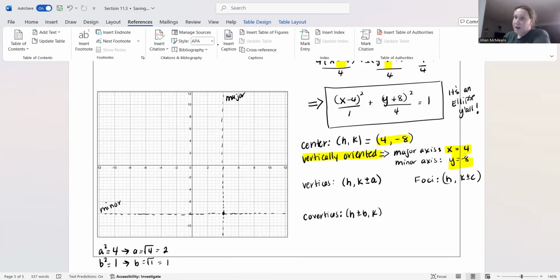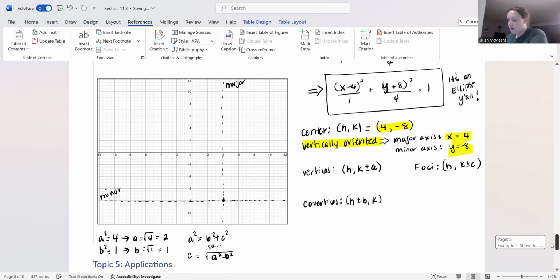And then C, we have to do some work. Remember, A squared equals B squared plus C squared. So C equals, if we do a little fancy footwork, which we've done in previous videos if you need to go back, the square root of A squared minus B squared. Let me scroll down just a tiny smidgen more.